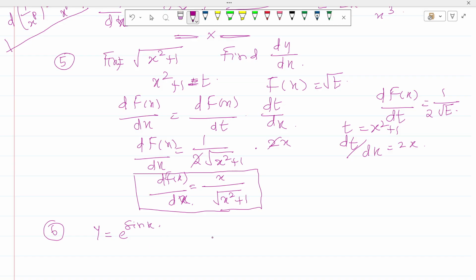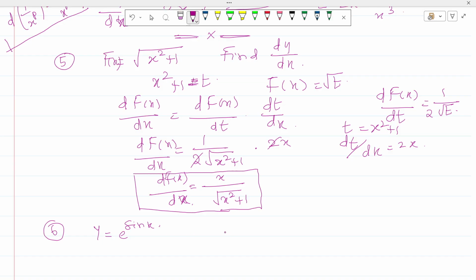Because it is 11 o'clock, I want to take at least 5 minutes break. Then afterwards you join, and I will start functions of several variables. In this I will explain. Otherwise, partial derivative, do you have any doubt here?